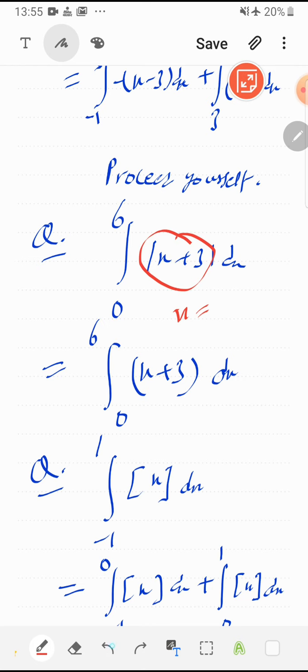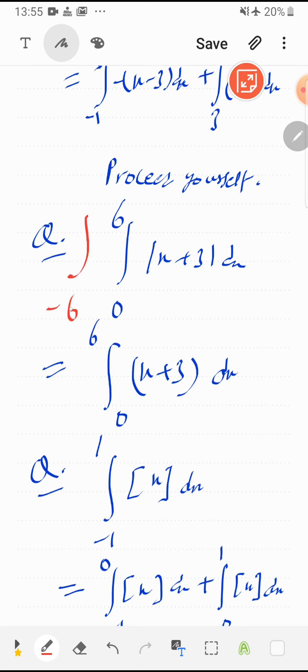Straight away we can remove mod and we will write positive x plus 3. Had the limits been minus 6 to minus 3, then obviously both of them are lying on the lower side of minus 3, then we would have placed minus of x plus 3 here. But even then there would not be any need of splitting the integral. So this kind of situation is also here, so you can proceed after that.